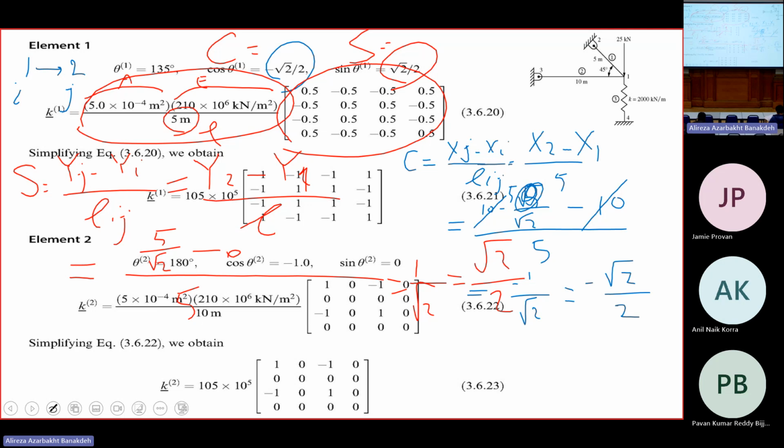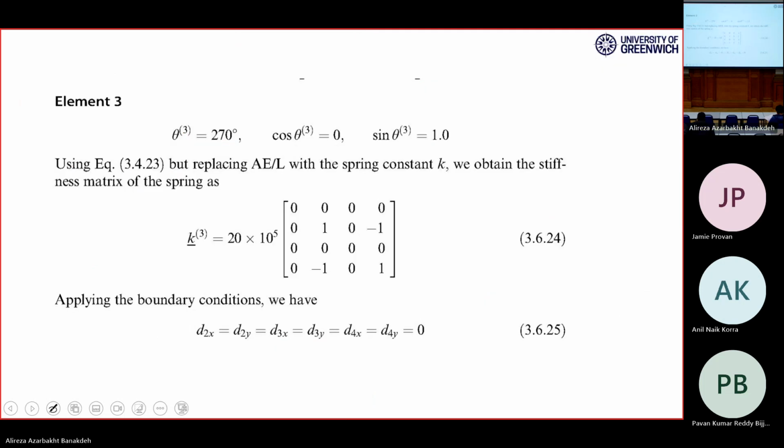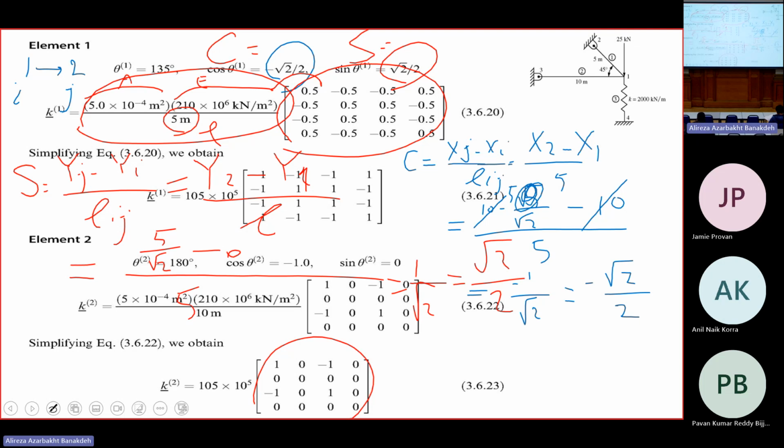But it seems that a factor of 2 has gone inside to make these 1 minus 1. Have you considered that? Let me calculate. Oh, no, this is not that one. This is here. Okay.